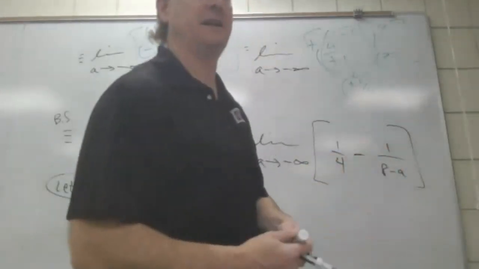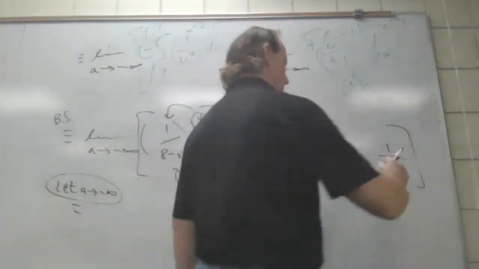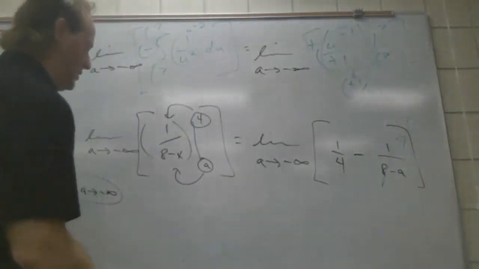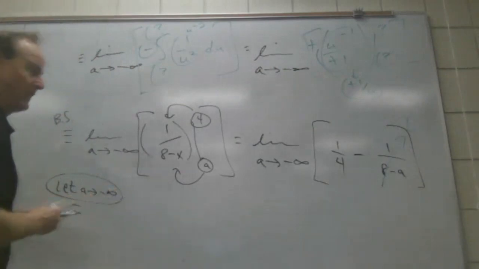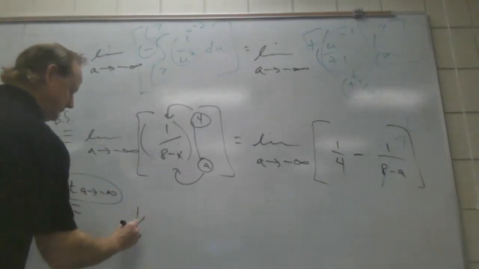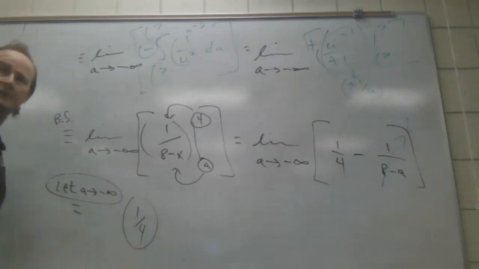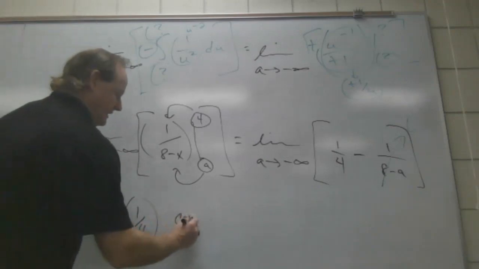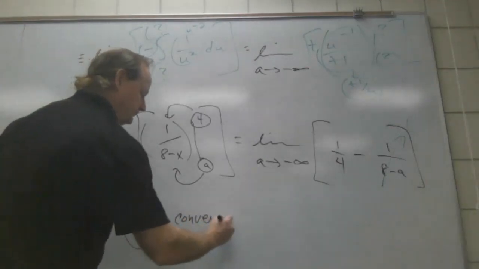And what's 1 divided by infinity? 0. It goes away, right? You're dividing by something bigger and bigger and bigger on the bottom. That goes to 0. And so what do I end up with? 1/4, right? So what type of integral is this? It's a convergent integral.